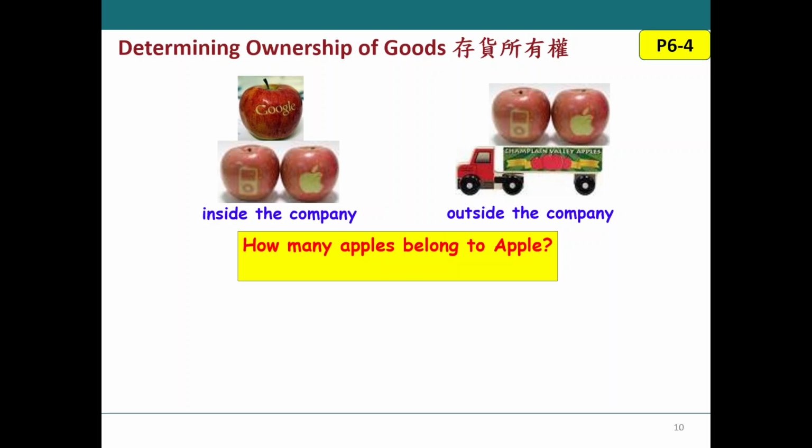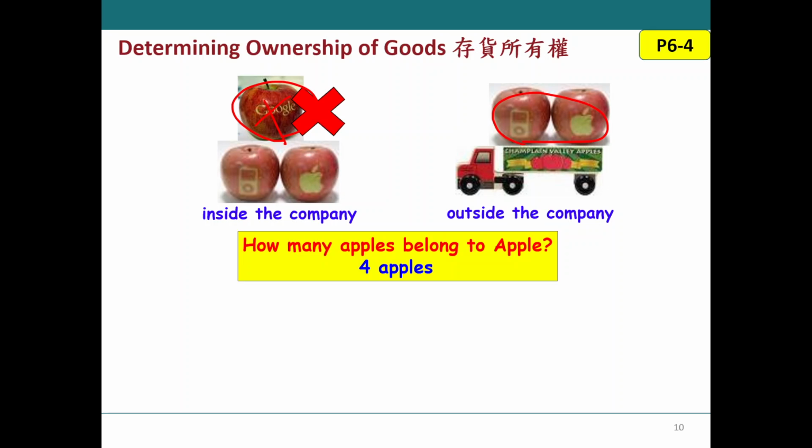How many? 5? Okay, it's not 5. When you say 5, and I ask how many, the answer is always not 5. It's 4. Why? Did you find Google's apple in your company? It is still not yours. And outside your company, but it's Apple's. So no matter where it is, the answer should be 4.